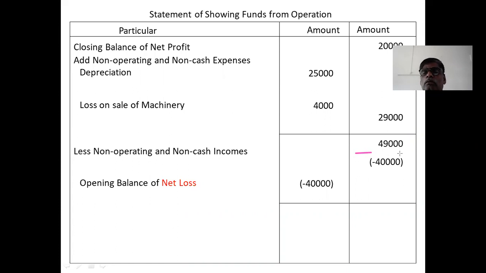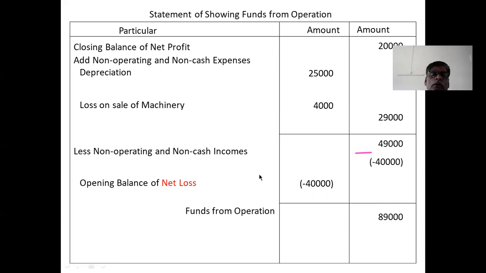Minus 49,000 minus plus. So 49,000 plus 40,000. Now your answer is 89,000. 89,000 is the fund from operation. Like this you calculate.